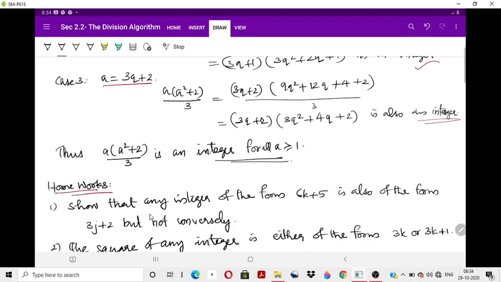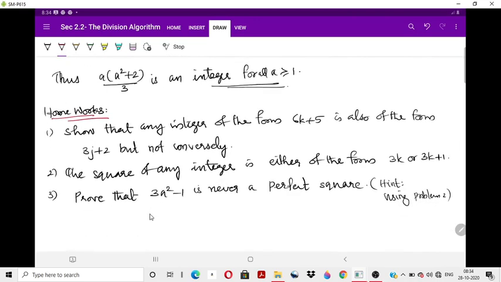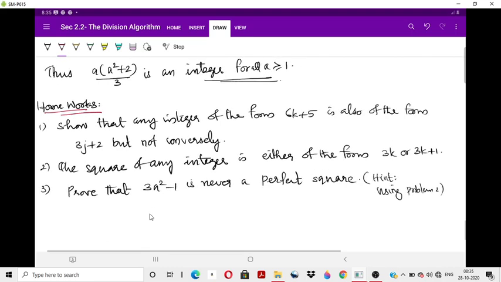These are some homeworks. The first one: show that any integer of the form 6k plus 5 is also of the form 3j plus 2, but not conversely. Try to prove this result. The second one: the square of any integer is either of the form 3k or 3k plus 1.